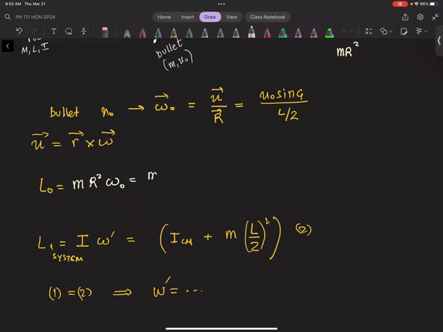Mass times L halves squared, that is my radius, plus the omega naught, which is U naught sine phi over L halves. And of course, you can cancel this and that, and you're gonna have the mass U naught L sine phi over 2. Yes, that is the correction you need to make just for the L naught. It was a silly mistake, thank you.